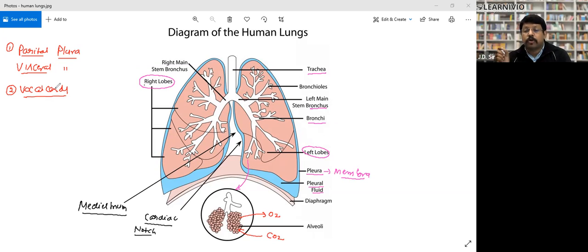Underline the terms false vocal cord and true vocal cord. These are the questions. Next paragraph.